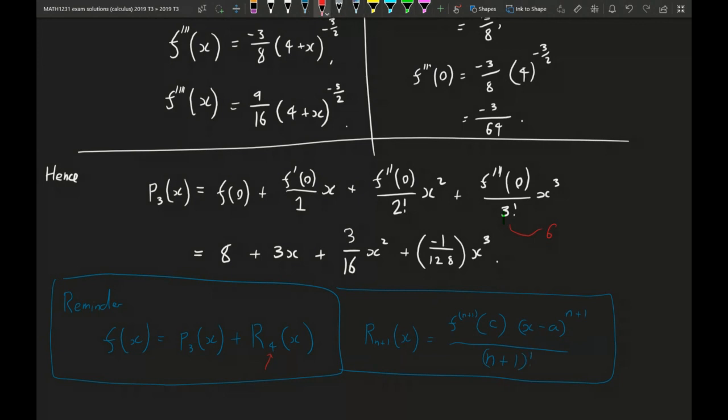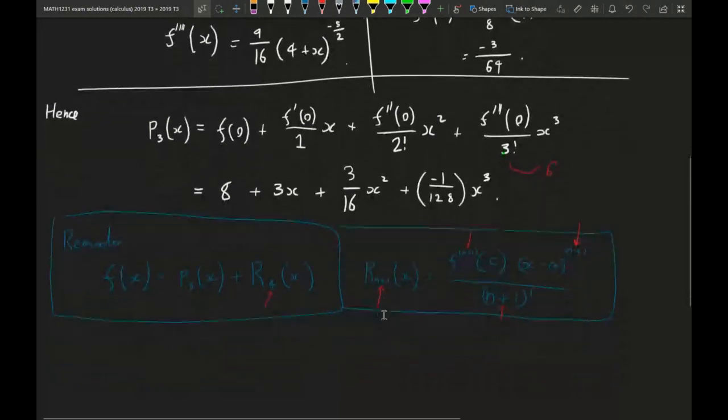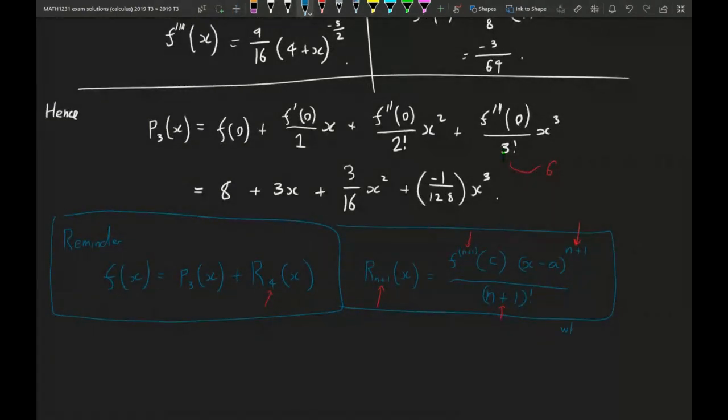And this is usually why we write it this way. You have the n plus 1 here, that's the number of derivatives, that's the power, and that's the factorial. It's a very nice reminder of all the parts that go into it. So for part B, all I need is this fourth derivative. Oh, and I guess to be fair, I should say c is between a and x.